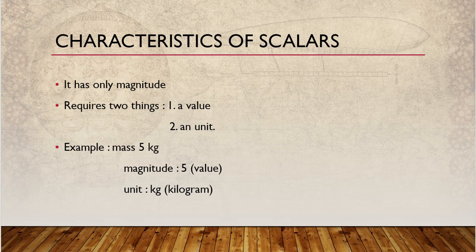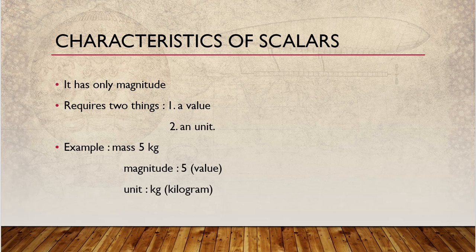Now let us move to the characteristics of scalars. A scalar is having only magnitude. The second characteristic is that the scalar requires two things. The first one is a value, a magnitude. The second requirement is a unit.